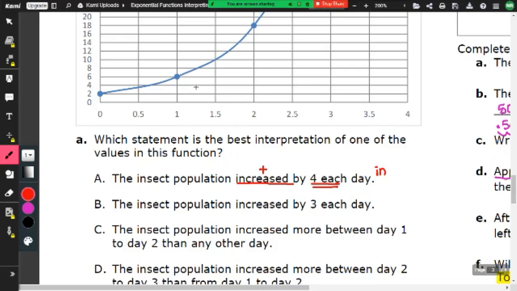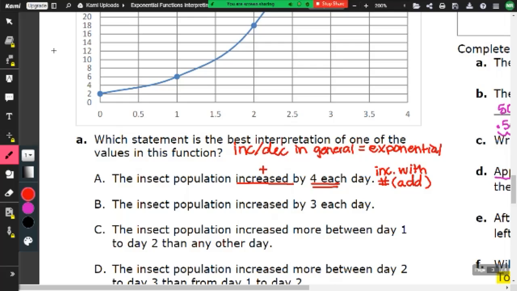If you see the word increase or decrease in general, without a number, meaning they don't give you a specific number, then it's talking about an exponential function. Exponential. So let's look at what happens if we increase 4 each day.